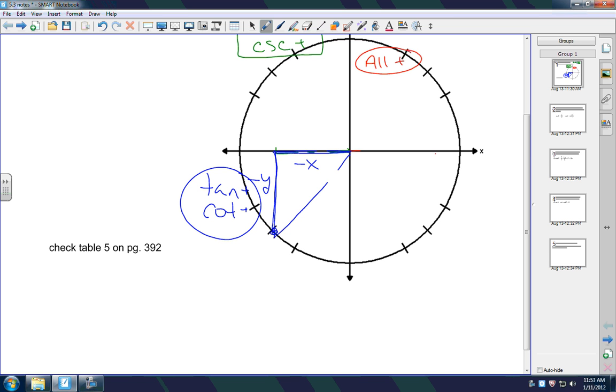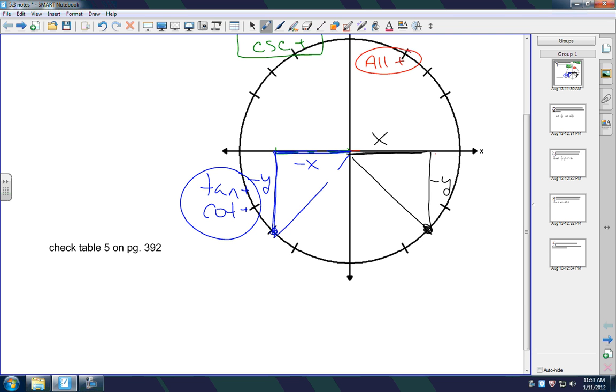Okay. Last one we got to go to then is quadrant 4. We put our triangle in. This is a positive x. This is a negative y. So anything with an x, because x is our cosines, is going to be positive.